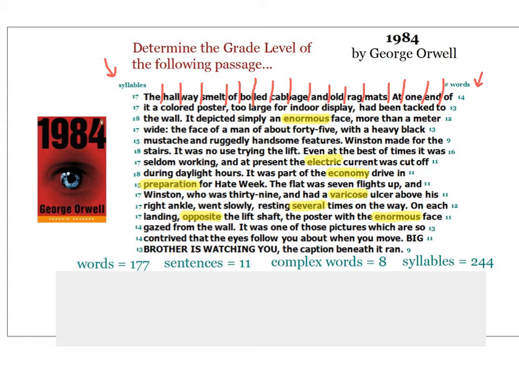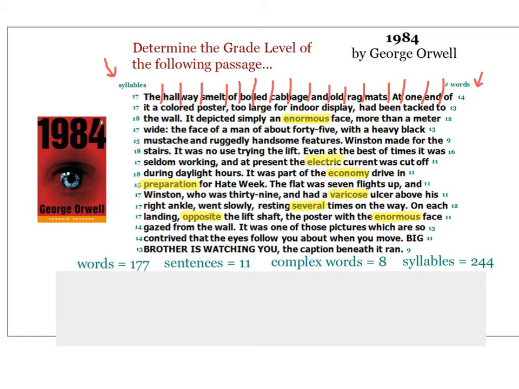In this first line, I've divided it into syllables. So it's going to seem kind of silly, but you can say it out loud, say it real slowly. So the hallway smelt of boiled cabbage and old rag mats at one end of. So if you count all of those syllables, that first line has 17 syllables.